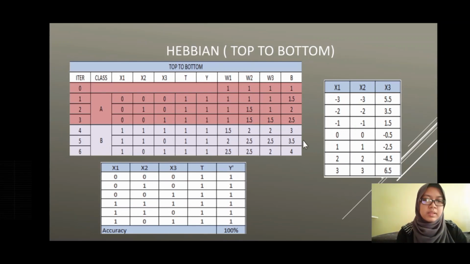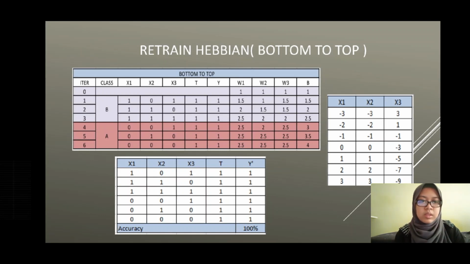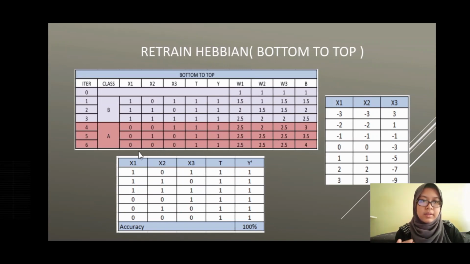Next, this is our value for the Hebbian graph, x1, x2 and x3. For retrain Hebbian, which is from the bottom to the top, this is our table. As you can see, class A is at the bottom and class B is at the top.